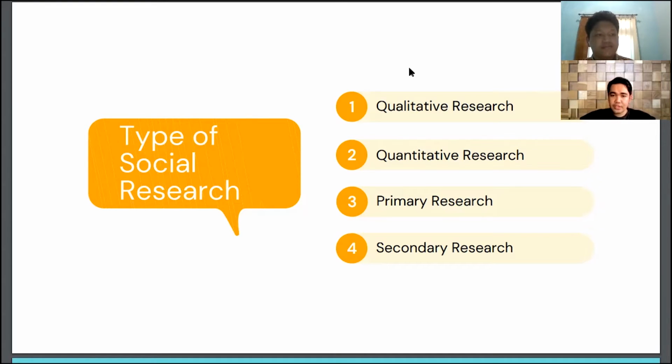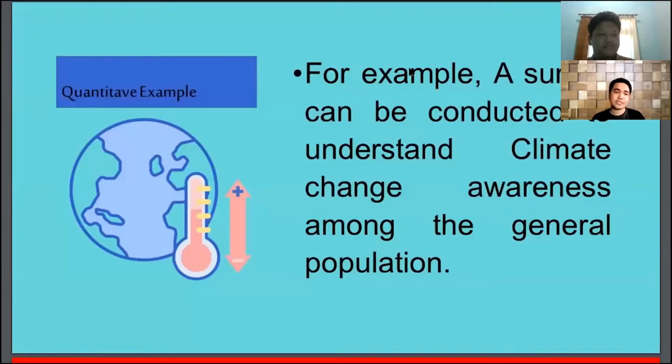So we move to the example section, which will be explained by Rizky first. So let's talk about a quantitative example for a second. For example, a survey can be conducted to understand climate change awareness among the general population.